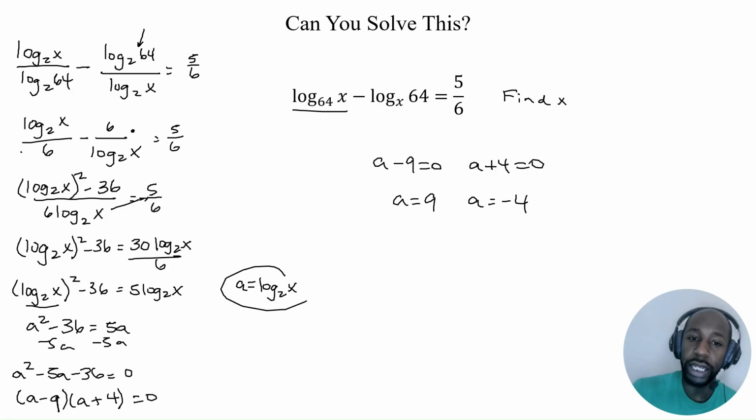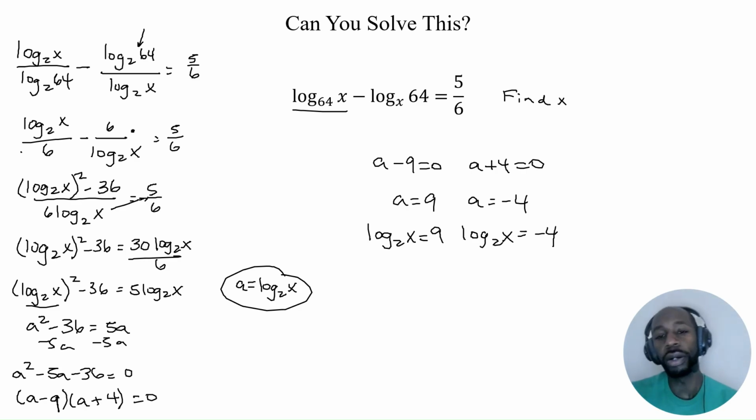Now remember, a is this. So that means log base 2 of x equals 9 or log base 2 of x equals negative 4. Now remember how to read a log. It's saying whatever's on the equal side is the power of the base that'll give you the argument. So what power of 2 will give you x? That's 9.